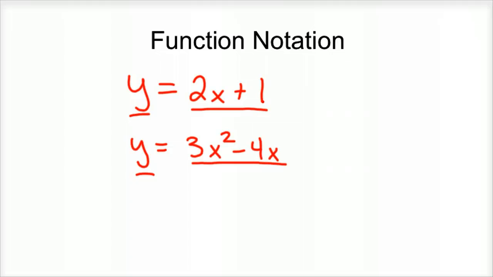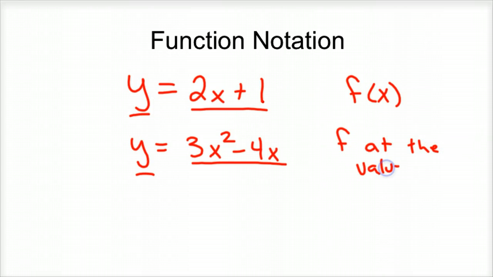And so what mathematicians have come up with is what's called function notation, where we use a symbol like this, f at the value of x. Like I say, the function f at the value of x. And then that's going to be what represents y.